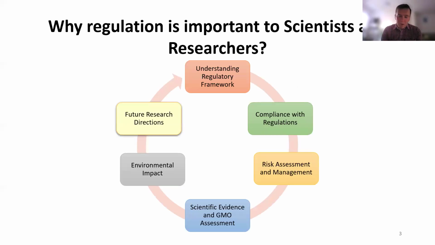So, why is it important? If we speak about regulation of genetically modified organisms, the primary reason I would say is to regulate risks. And of course, there are other supplementary goals and aims of regulation.